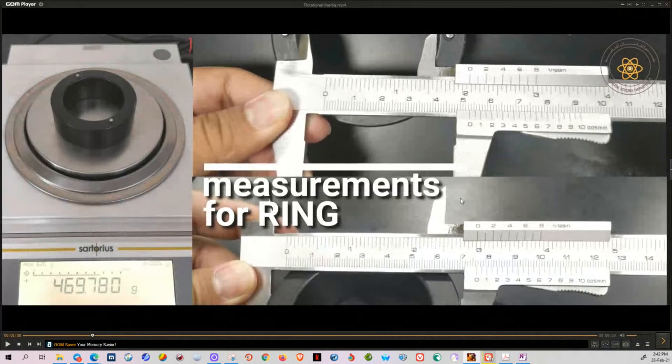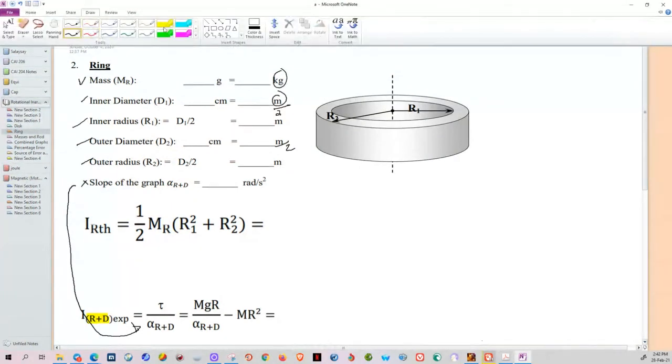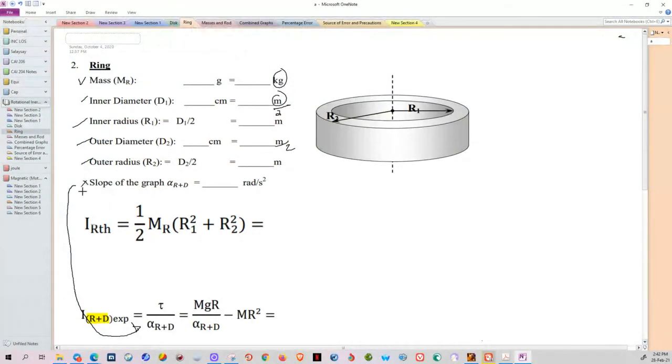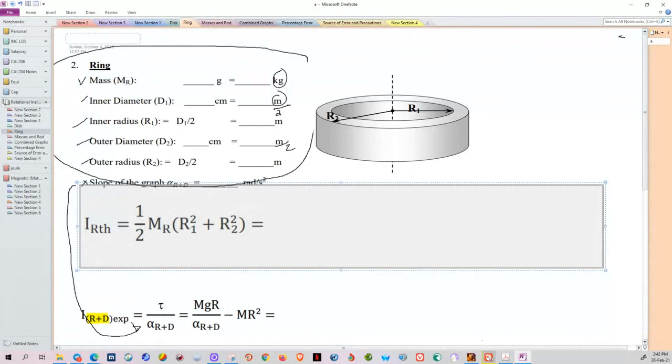Khalas. Now, calculate the inertia of the ring by theory. Go. Calculate this one. Substitute the value from the table and then calculate the inertia of the ring by theory.